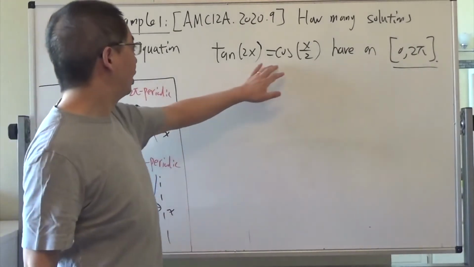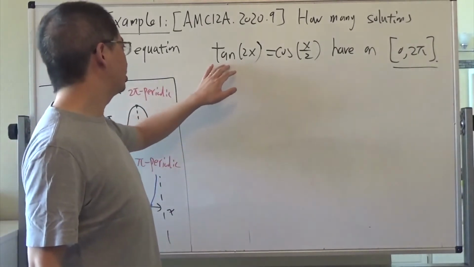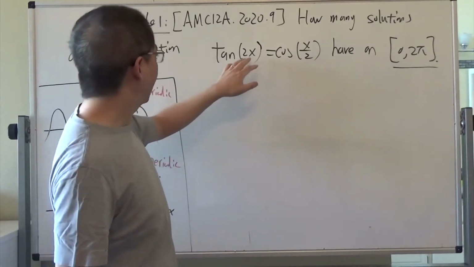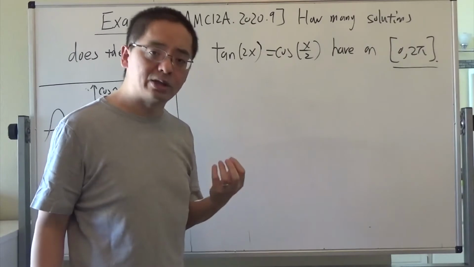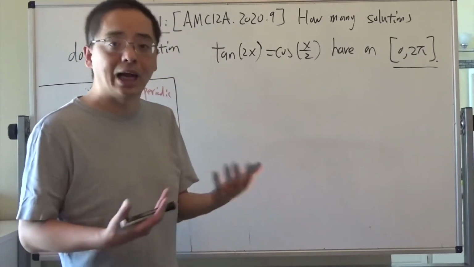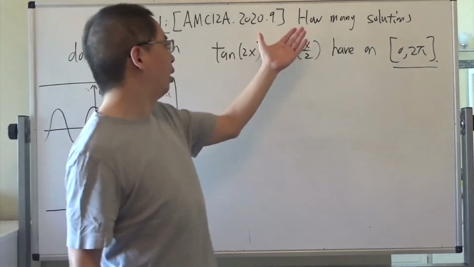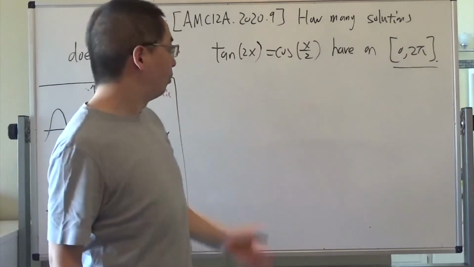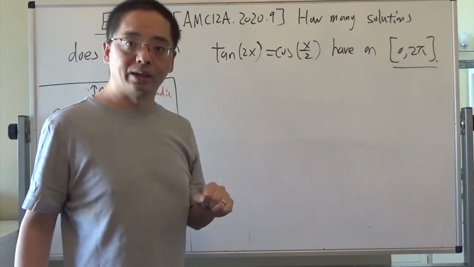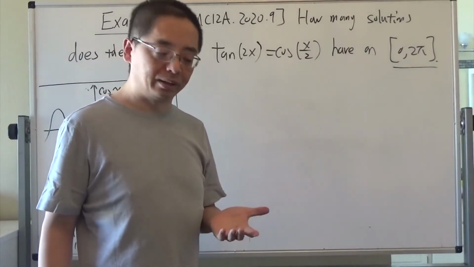Now, for this one, because it involves both tangent and cosine, double angle, half angle, if we try to use trigonometric identity to solve this one, it's kind of complicated. This problem only asks for the number of solutions instead of what they are. For this one, the more convenient way is to use the topological method.